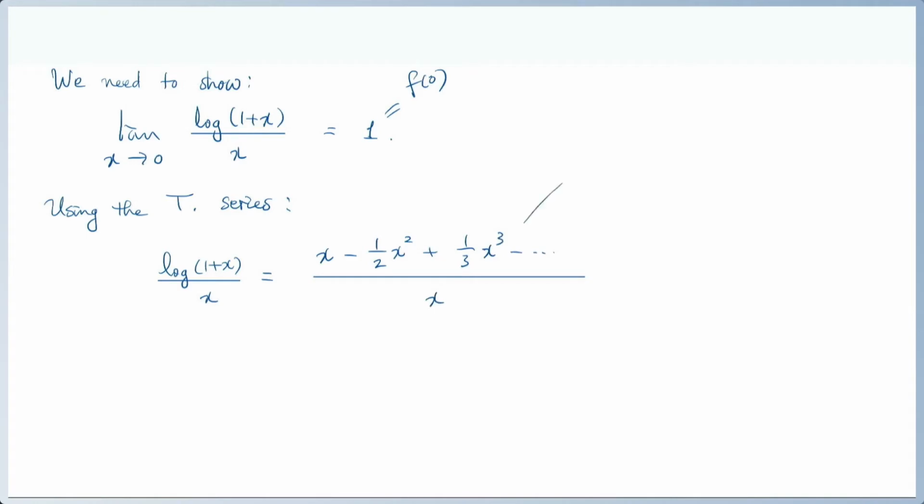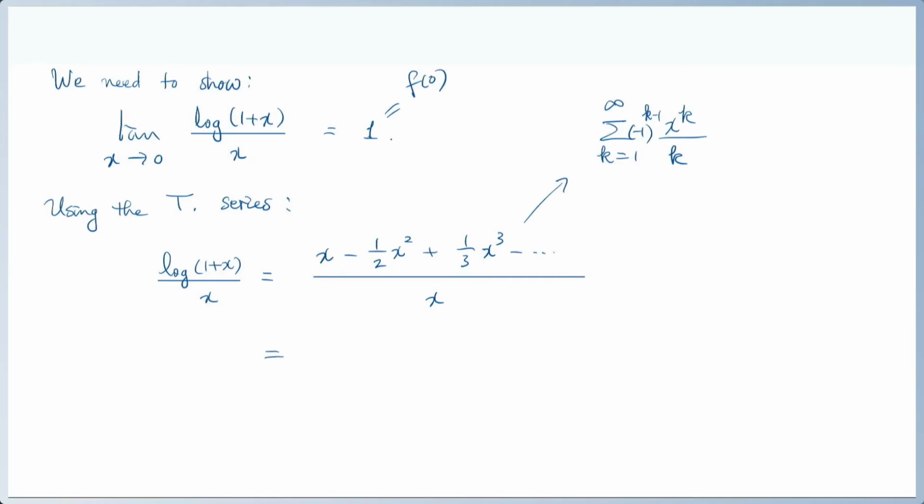Well, if you like, you could have used sigma notation: sigma, say k going from 1 to infinity, x to the k divided by k with alternating sign, so negative 1 to the power of, say, k minus 1. That would do. Okay, but it's not that complicated, so I just wrote the first several terms out.